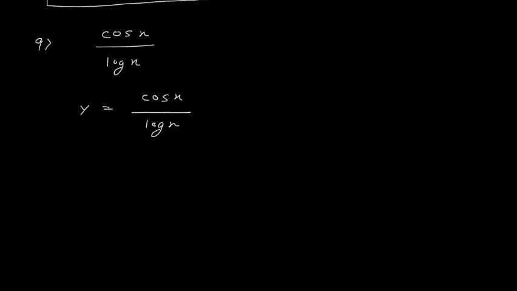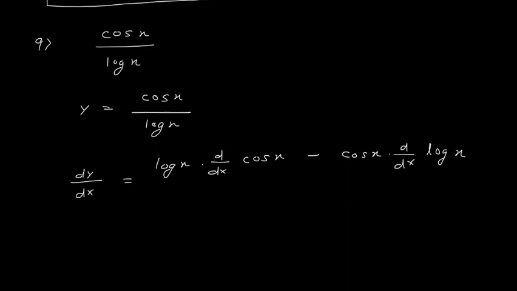So here we differentiate dy upon dx is equals to, now u upon v. So first I will write v, that is log x, into d by dx of cos x minus cos x into d by dx of log x, and whole divided by log x the whole square.